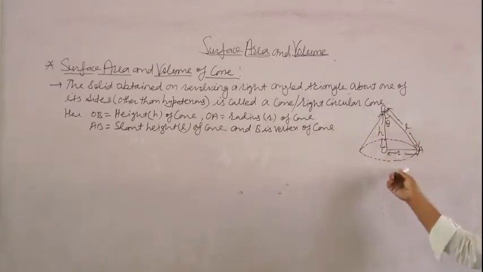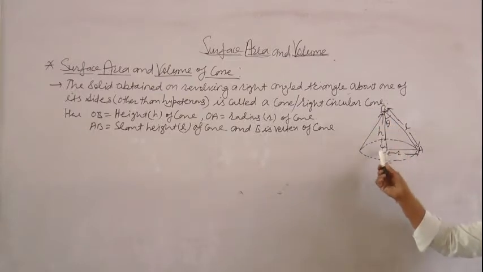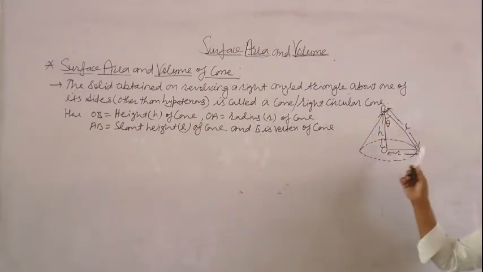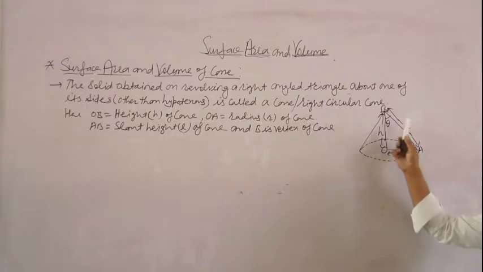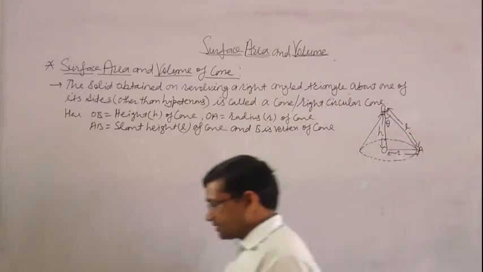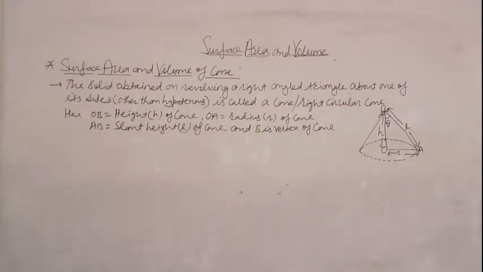So in this diagram H is the height, it means OB is the height of the cone, R is the radius of the cone, L is the slant height.